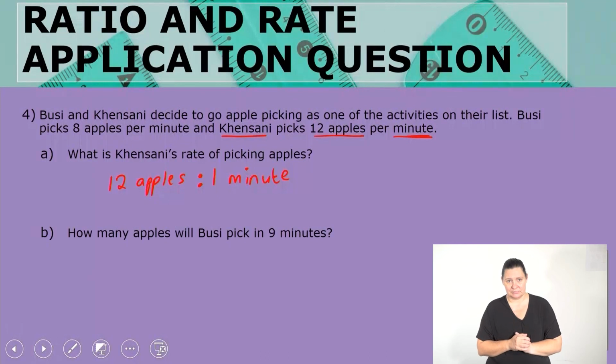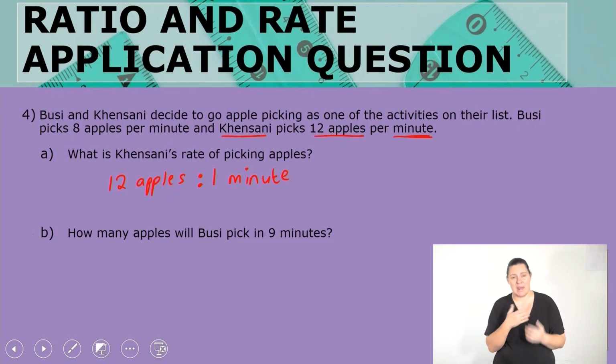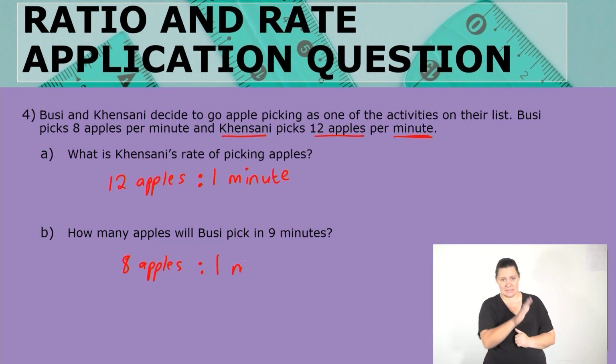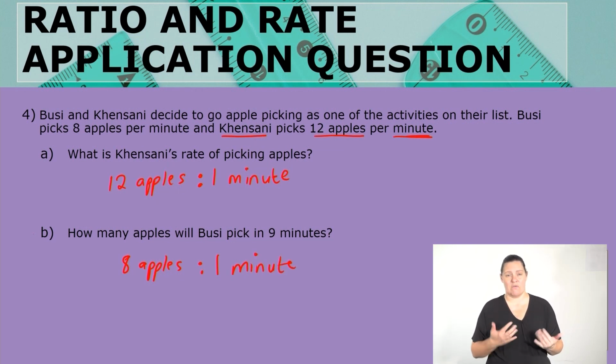So, how many apples will Busi pick in 9 minutes? So let's look at Busi's rate first. So Busi's rate was 8 apples in 1 minute. So now if we want to find out 9 minutes, we are going to multiply by 9 for the minutes, and what we do on one side, we have to do on the other side.